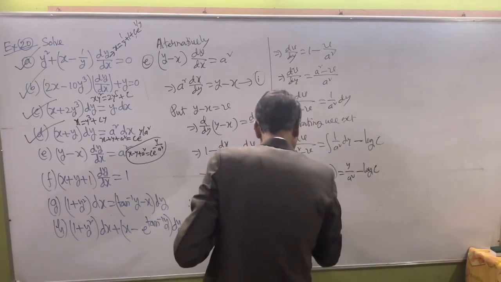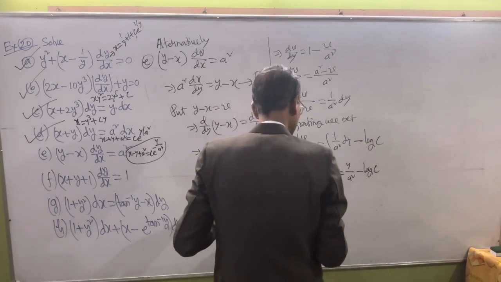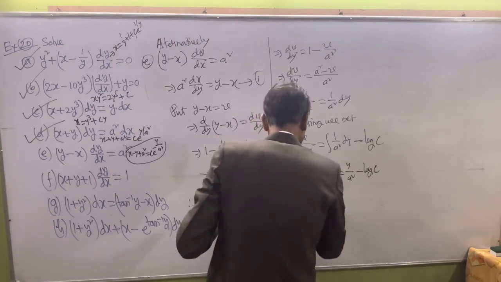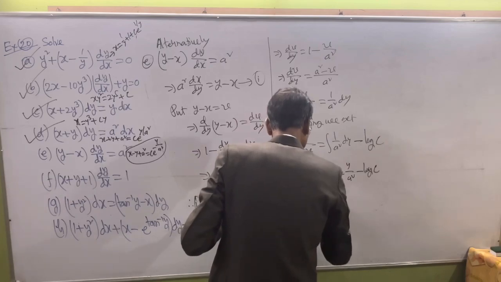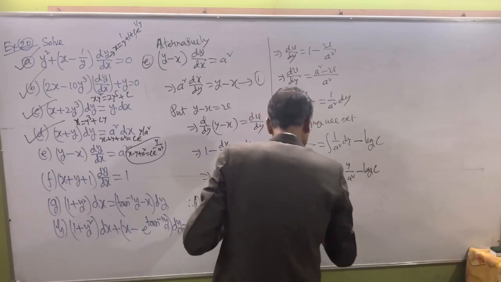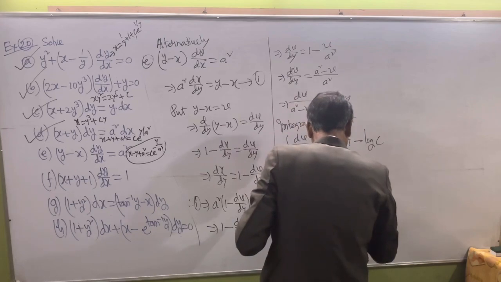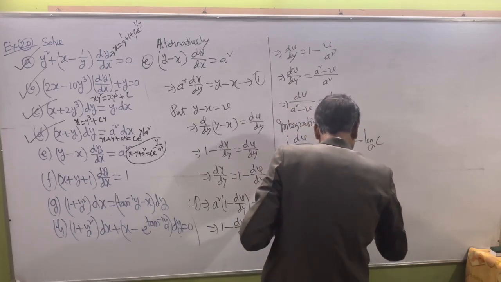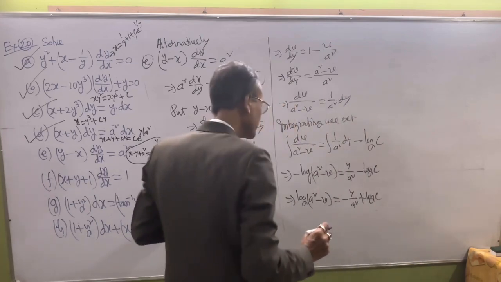This means log of a square minus v equal to minus y by a square plus log c.